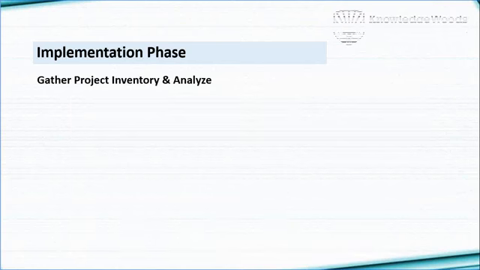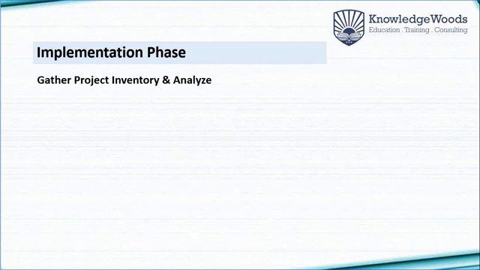Then the next step is, whichever projects are active in the organization, you have to gather every data of those projects that are going on, that are active, and analyze.